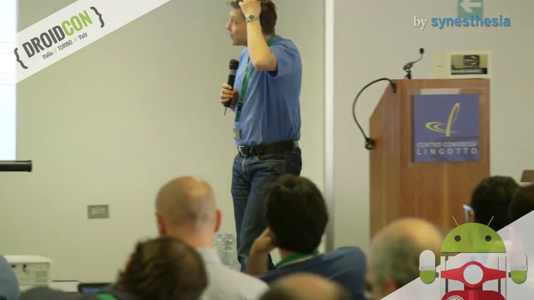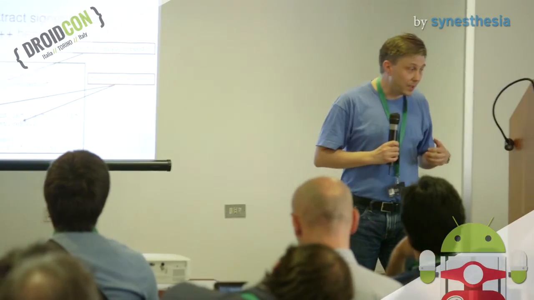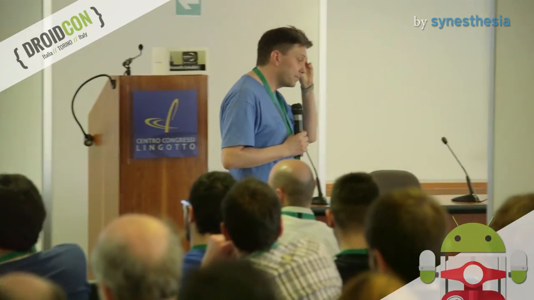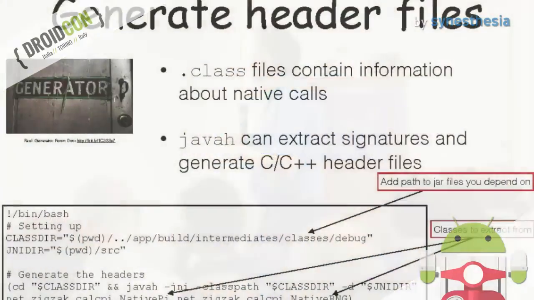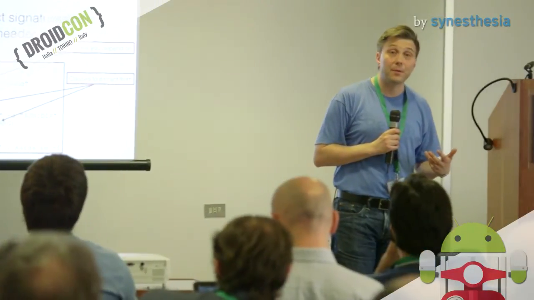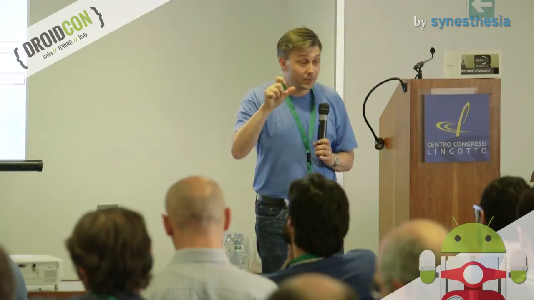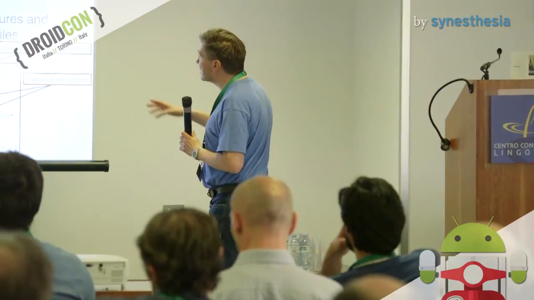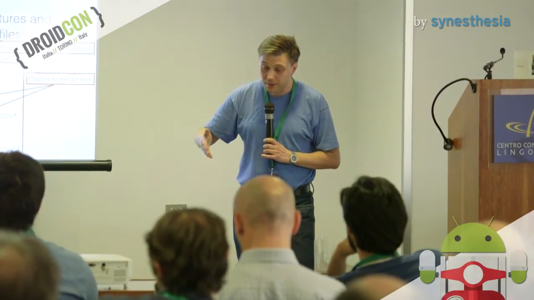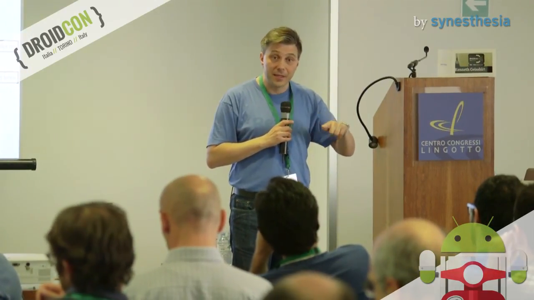Okay, but we have to have some header files. And the Java development kit comes with a tool called javah, which can take the .class files. When you compile and build your app, all your Java files, you get class files. And in those class files, you still have these methods with native in the signature. And javah takes all these, runs through all your .class files, and figures out, okay, this method here is a native method.